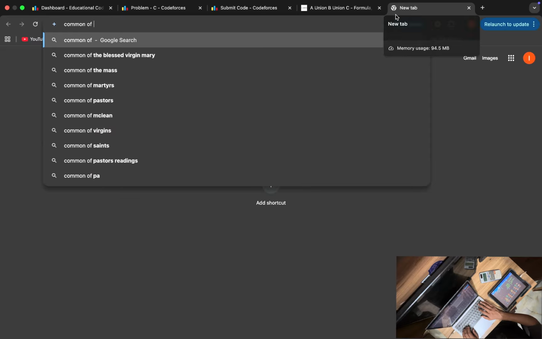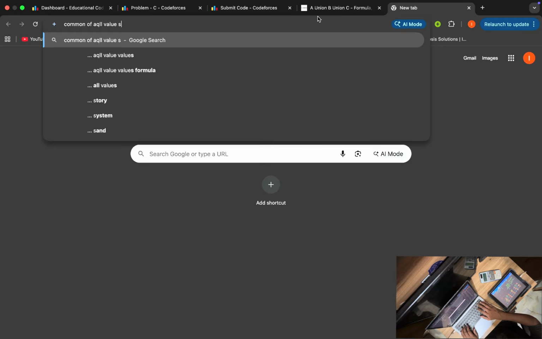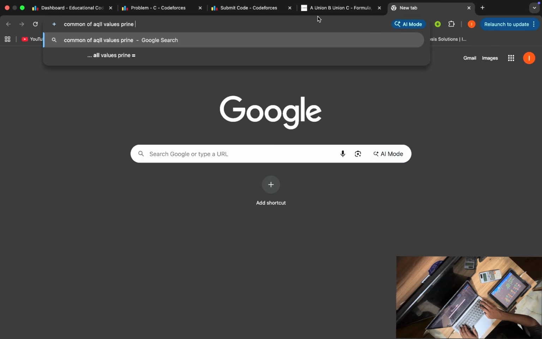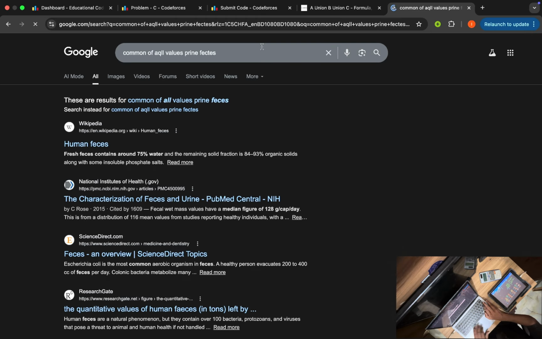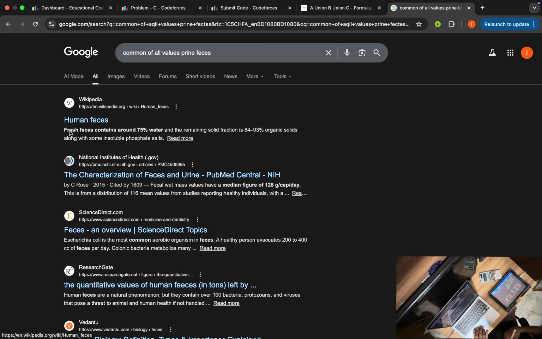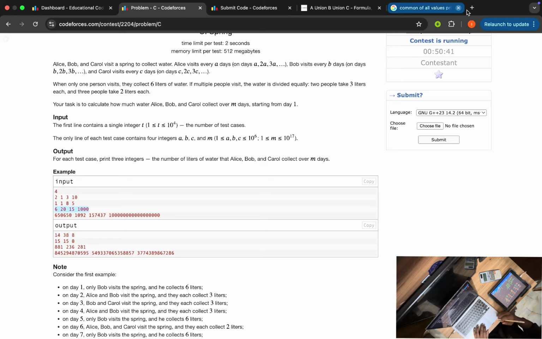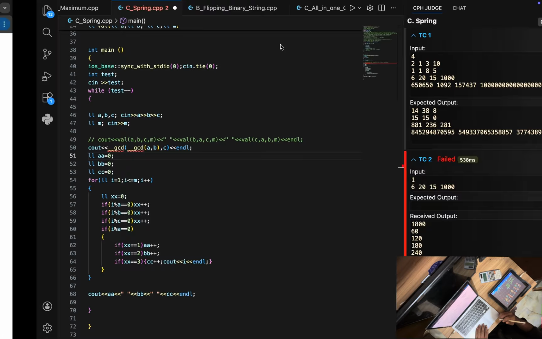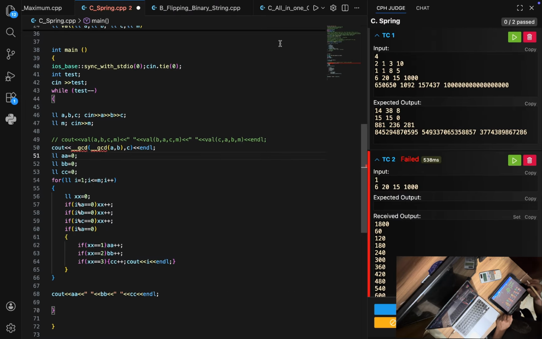Common of all values, prime factors. What is it called? Not like that. Okay, I'm overcomplicating stuff. Let's think.